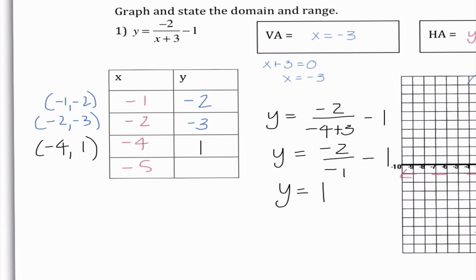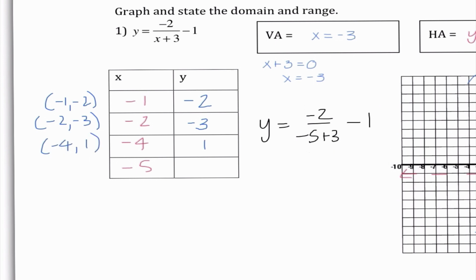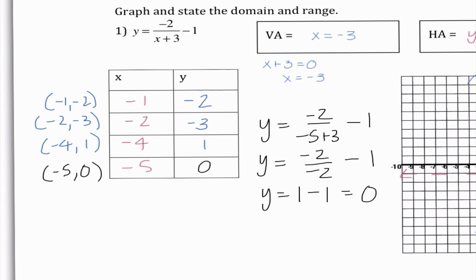So now we're finding these ordered pairs that are on the left of our asymptote. And last but not least here, I'm substituting in -5. So I get -2 over -2 minus 1, which is 1 minus 1, or 0. So I get -5, 0 as another ordered pair.